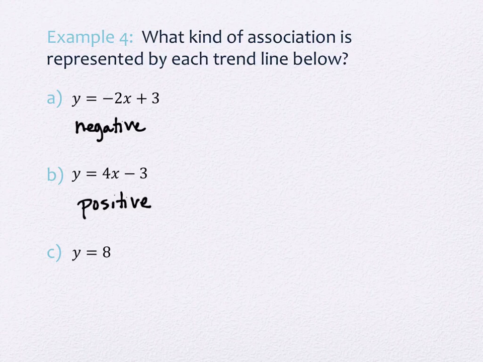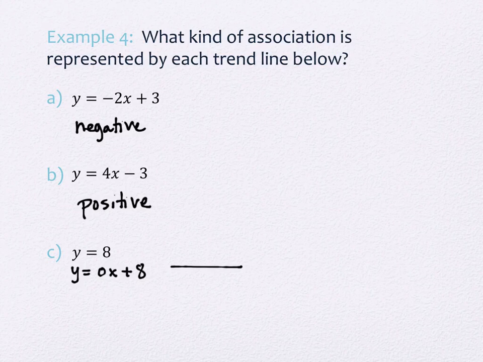What do you notice happening on C? There's not a slope. There is a slope. It's actually 0. Okay, so there's a slope of 0 is what we mean to say. If you were to think about rewriting it with that in there, it would actually say something like this, 0x plus 8. So a 0 slope means you have a horizontal line, okay?